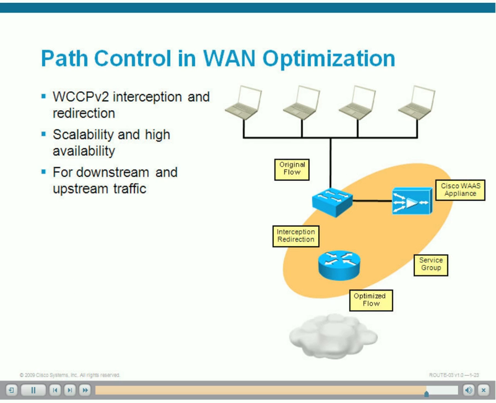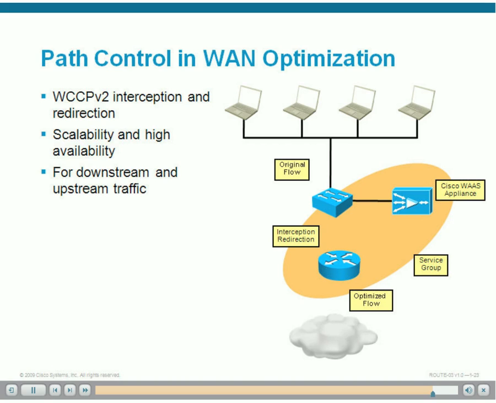WAN optimization using Cisco technologies such as Wide Area Application Services, also known as WAAS, is a good example of the use of policy-based routing to adjust the path of traffic based on advanced services for that traffic.